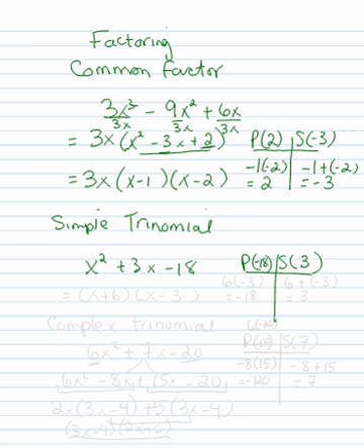So I'm going to say, well, 6 times negative 3 gives me negative 18, and 6 plus negative 3 gives me positive 3. Therefore, because this is a simple trinomial, I can open up both brackets, my variable is x, so I put that as the first term in each bracket, and now I have a positive 6 and negative 3.